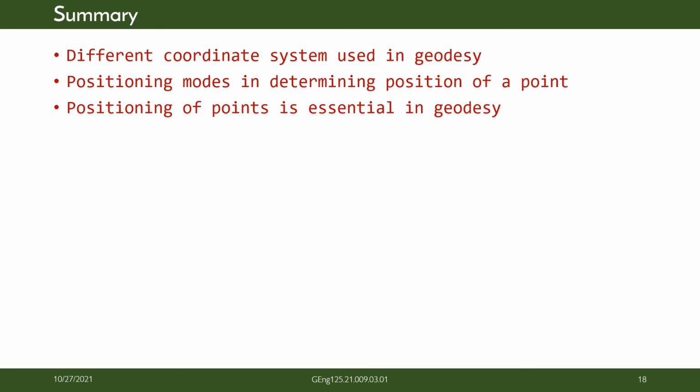We have also discussed the positioning modes in determining the position of a certain point or spatial data. We discussed three kinds of positioning. Most likely used today in geodesy is the GNSS, or Global Navigation Satellite System, using its modes or techniques such as the static one and kinematic positioning, which provides a real-time solution, an advantage in the science of geodesy.